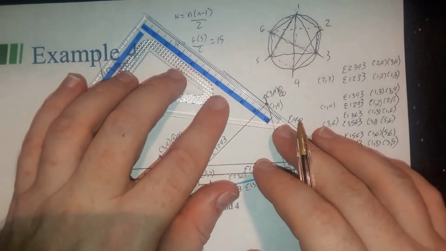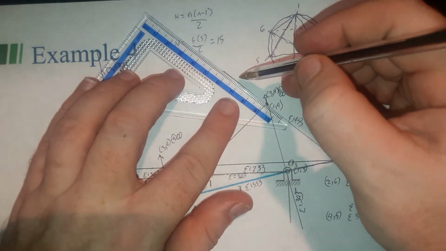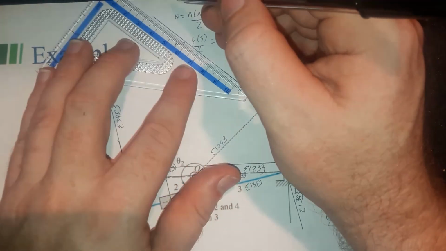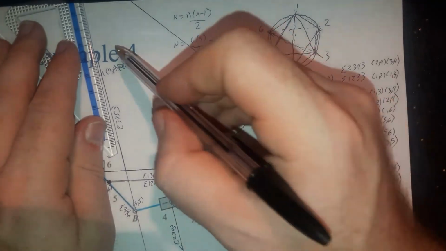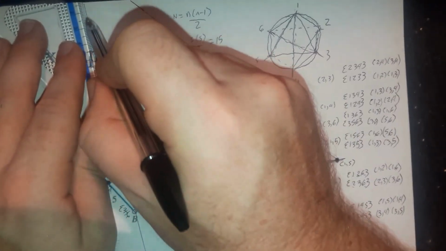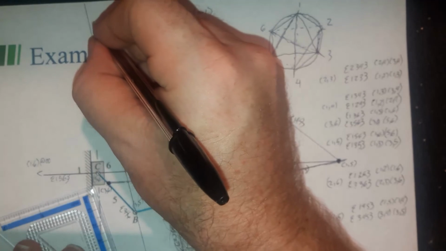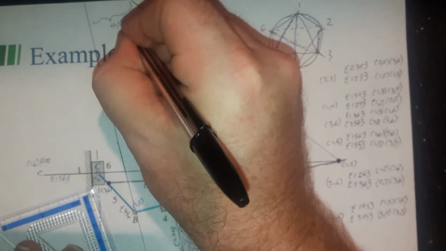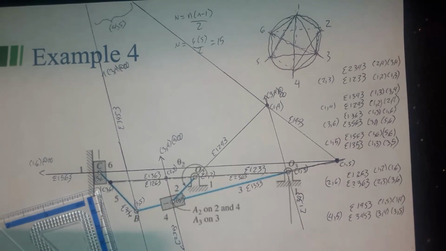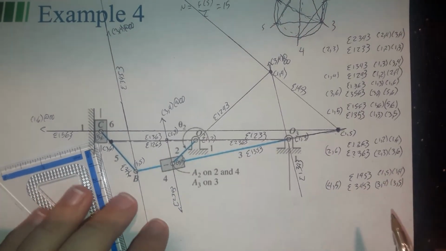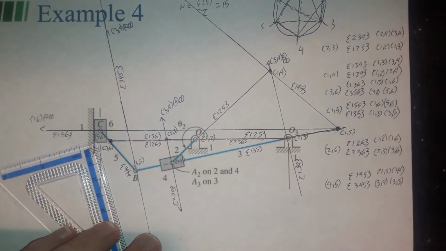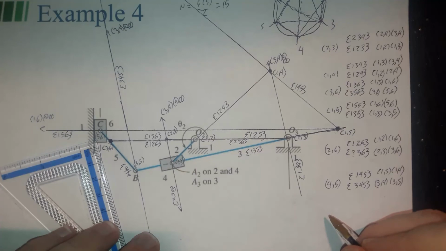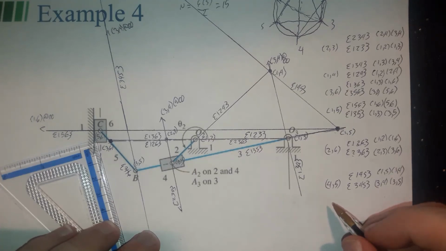This will be line 1, 4, 5. And so 4, 5 is out there a ways. Okay. It's a little hard to work with since it's off the page. So even though I found it, it's not going to be my favorite one to use to try to find some of these other ones.